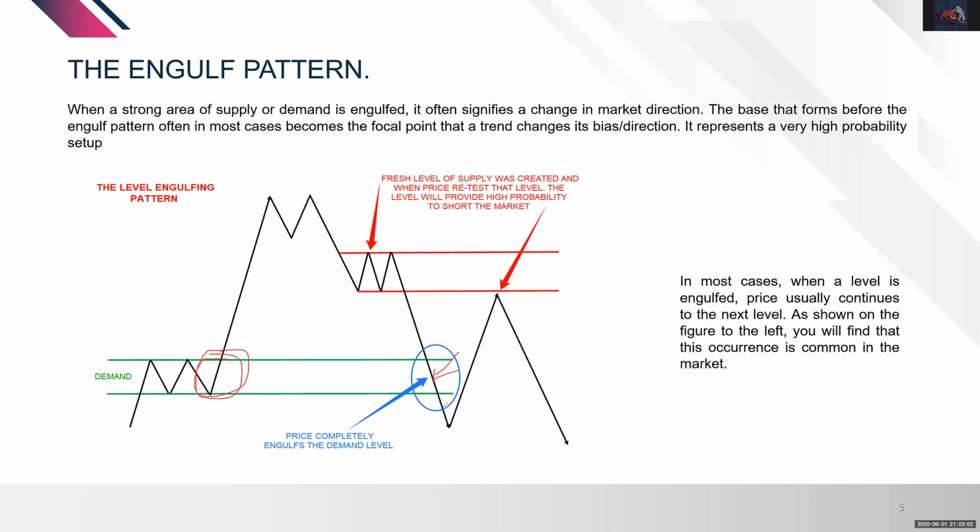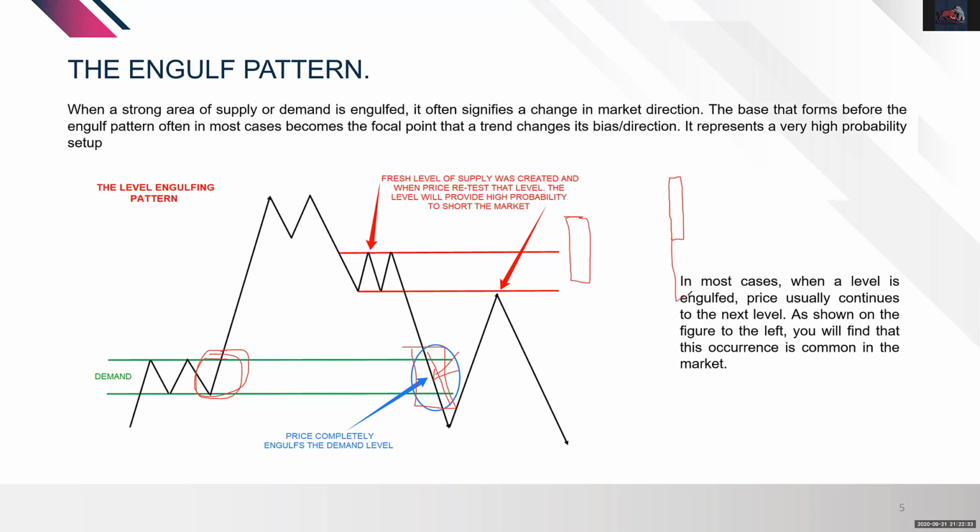So the opposite applies. This is a bearish engulfing because price is dropping to the downside, so you'll be having big-bodied candles to the downside. If it's to the upside, it will be a big bullish candle that engulfs a supply level.